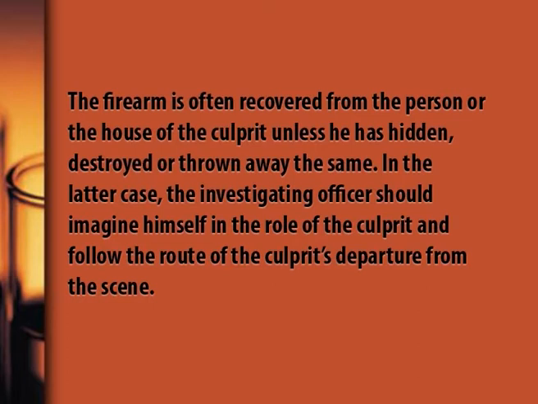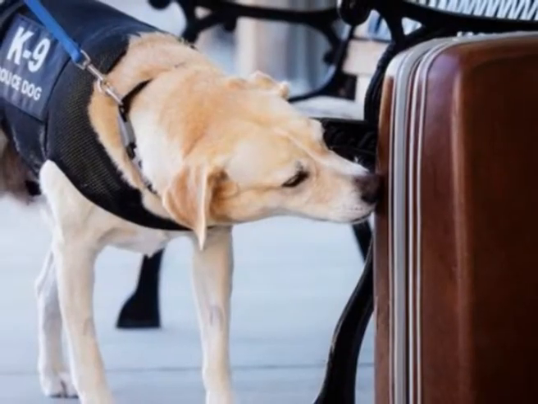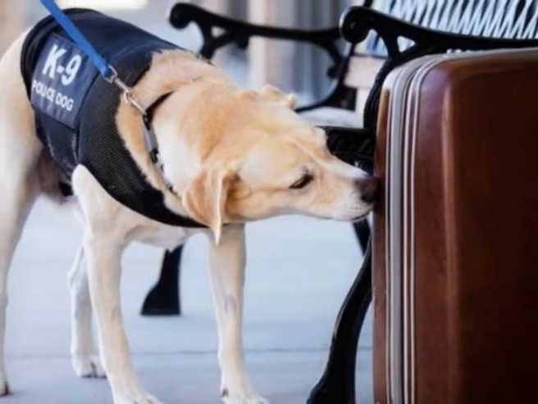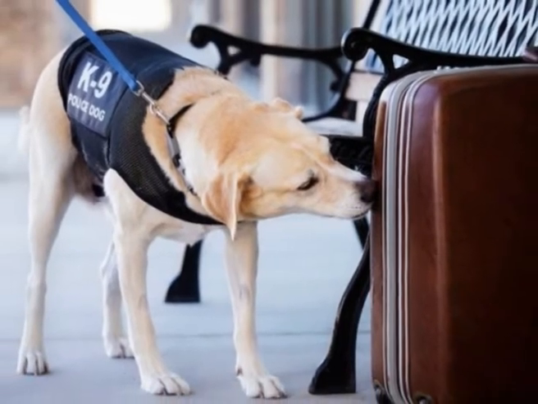In the latter case, the investigating officer should imagine himself in the role of culprit and follow the route of culprit's departure from the scene. He should check all the likely places where the firearm could have been disposed of conveniently without attracting attention. Trained police dogs also help to locate the firearm.